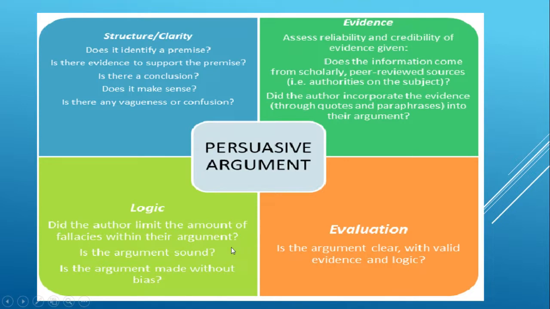A fallacy is something that may be wrong, or maybe misunderstood, or maybe stated, restated, and stated repetitively, or it could be circumvented. It could be something where the reasoning goes around in circles and isn't clear.